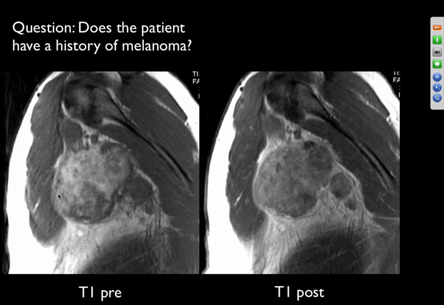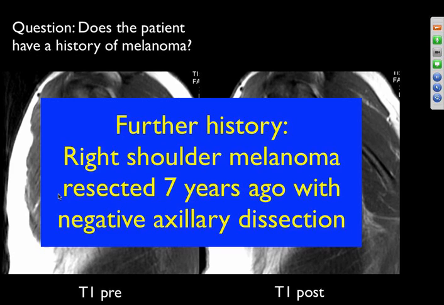That was the question that we asked. They hadn't considered that, and they went back and got further history, and found out that the patient had a melanoma resected 7 years earlier that the doctors treating the patient didn't know about. And this turned out to be recurrent melanoma.